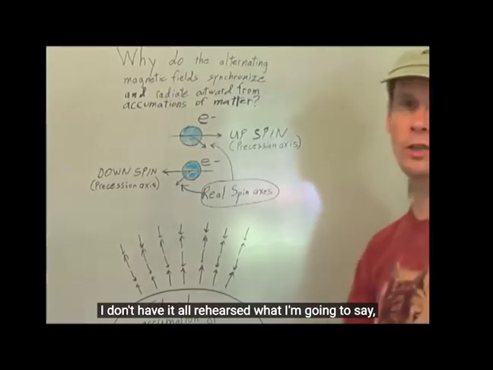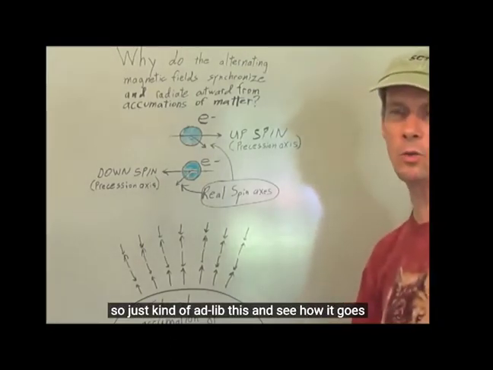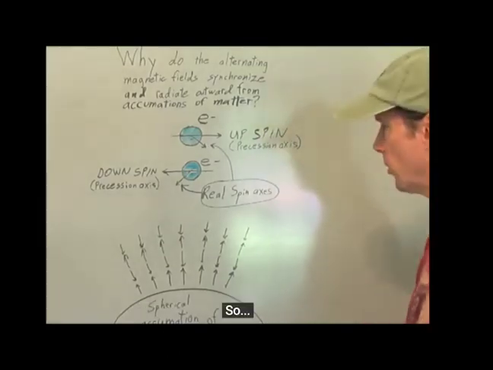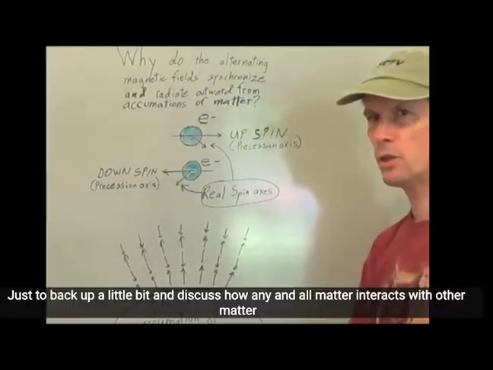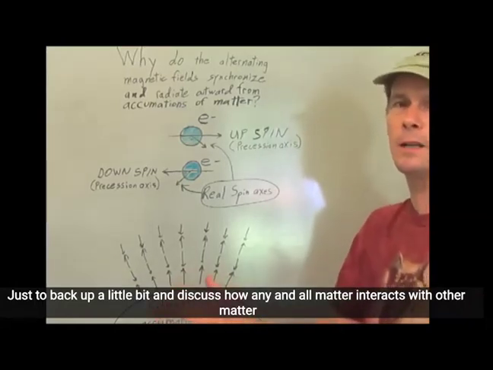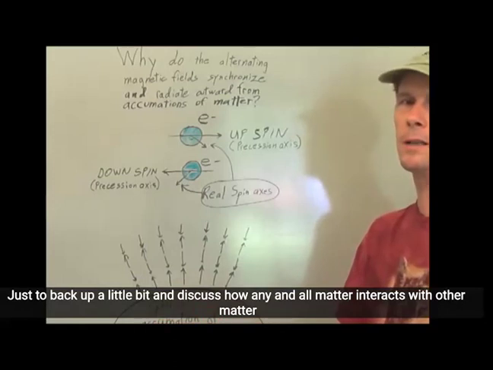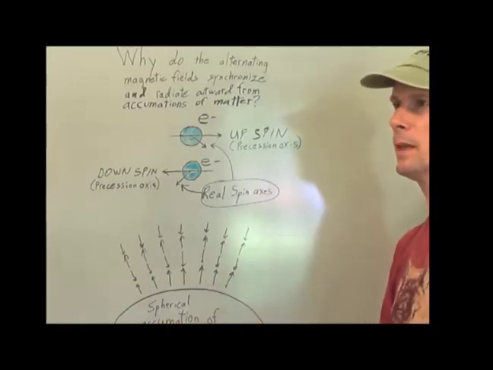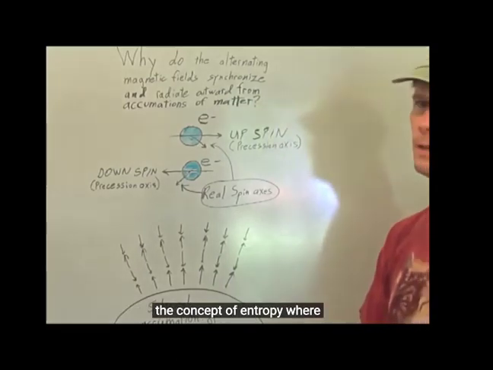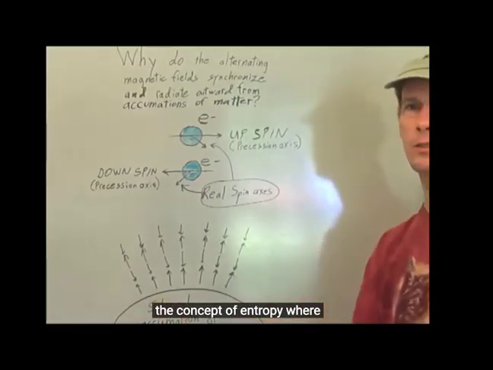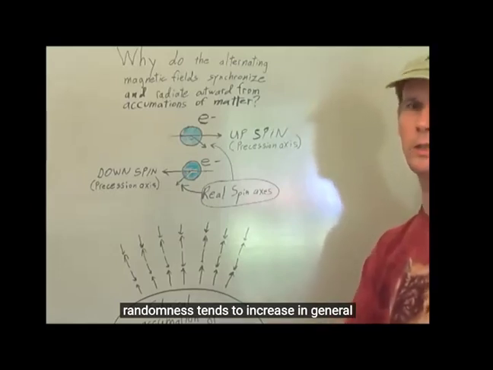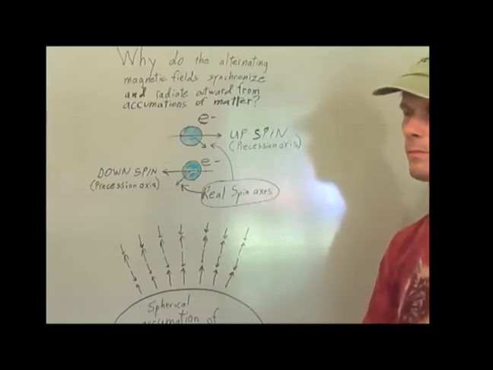I don't have it all rehearsed what I'm going to say, so we're just going to ad-lib this and see how it goes. So just to back up a little bit and discuss how any and all matter interacts with other matter. In thermodynamics, we're well aware of the concept of entropy, where randomness tends to increase in general.